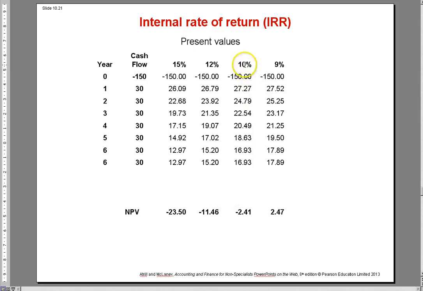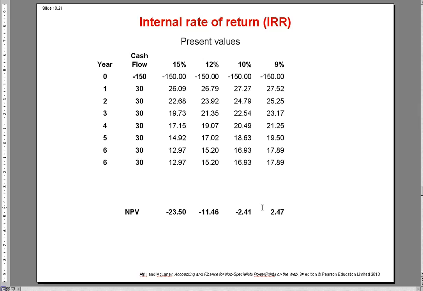And then if we drop it down to 10%, it's very nearly 0. 9%, it's positive. So we can say at about 9.5% it's going to be 0 between these two figures. So 9.5% would be the internal rate of return. So in business terms you can say to a manager the project will earn 9.5%. And normally you can use that as a selection criteria, so you'd prefer a project with a 10% return and so on.